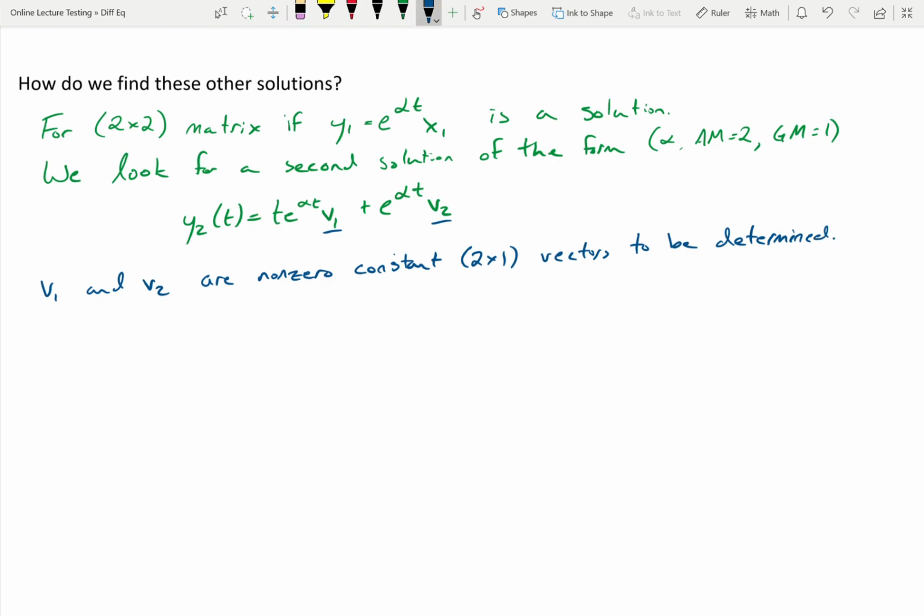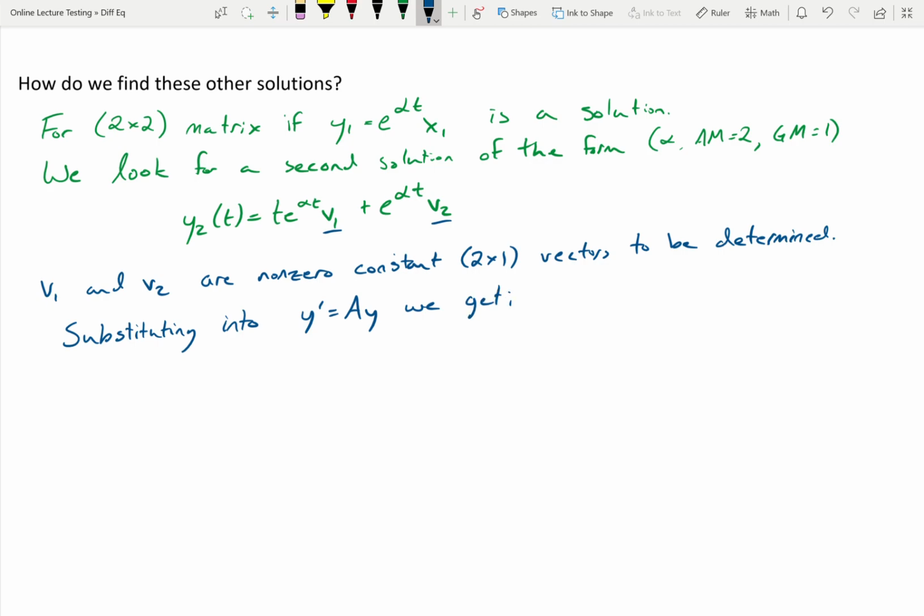Okay. So what we're going to do is sub this in, because if this is a solution, we're going to sub it into our differential system. So substituting into y prime is equal to Ay, we get the following.